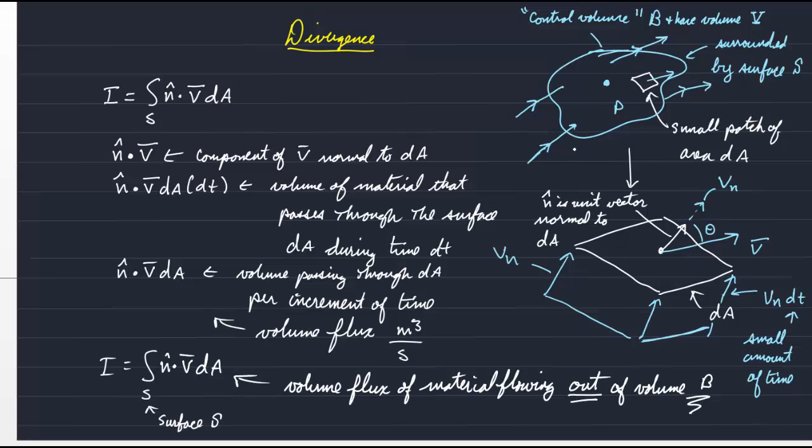Okay, so the way I've depicted this flow field interacting with this hypothetical volume, some of the flow is flowing into the volume, shown by these arrows, and some of it is flowing out. But the integral shown here is the net outflow of the material through volume B. So I guess it's the net volume flux of material flowing out of the volume.